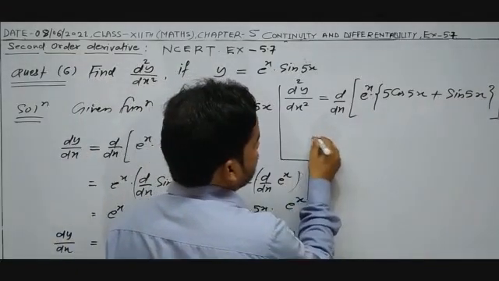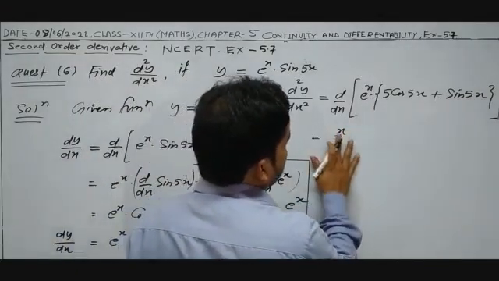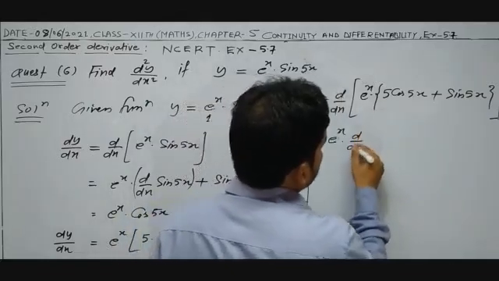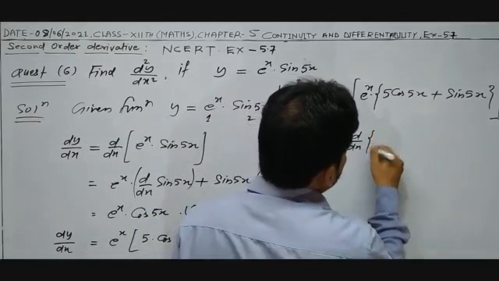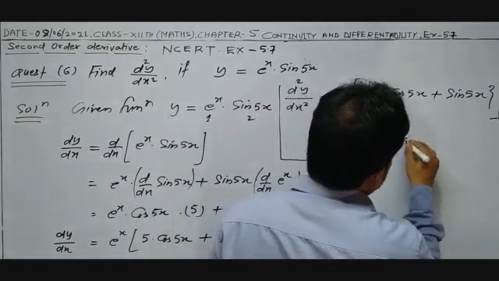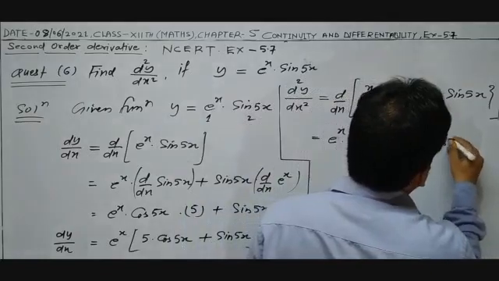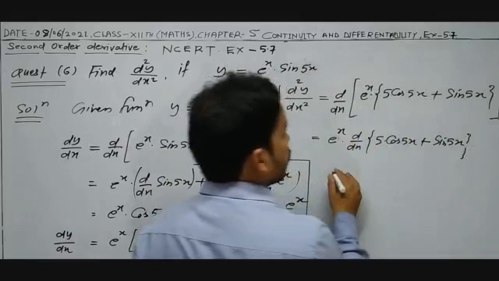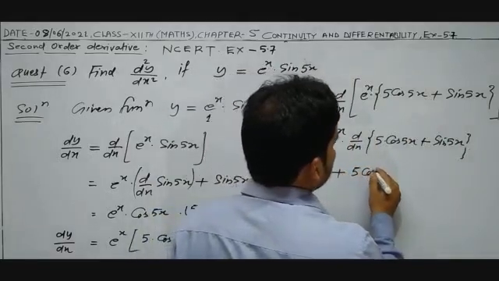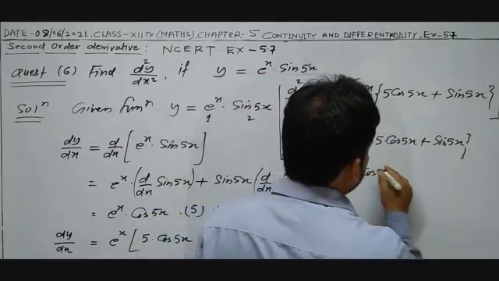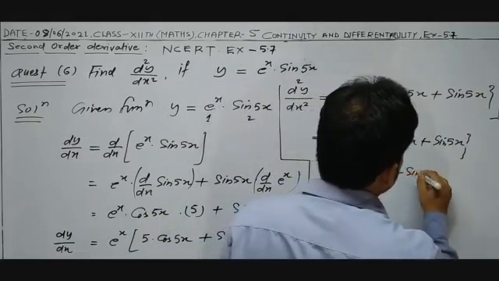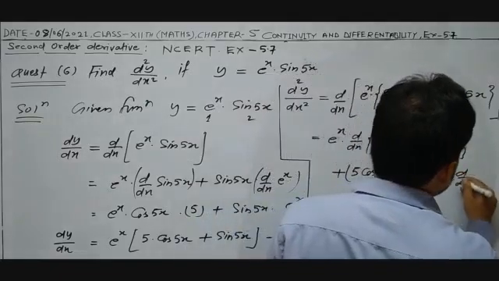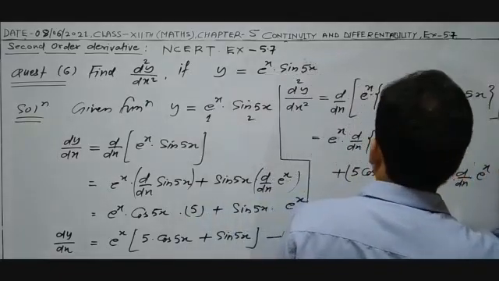Its result is: first function into d by dx of this part, d by dx of 5 cos 5x plus sine 5x, plus 5 cos 5x plus sine 5x into d by dx of e to the power x.